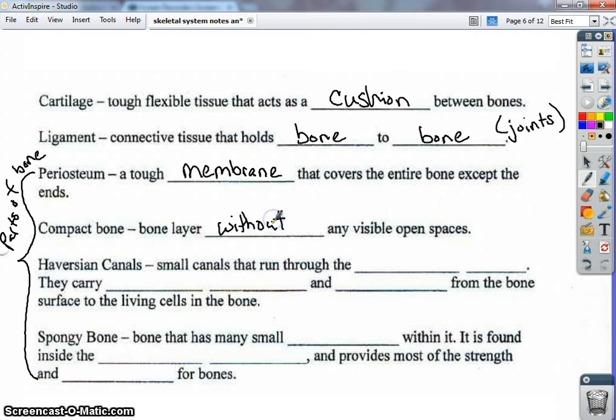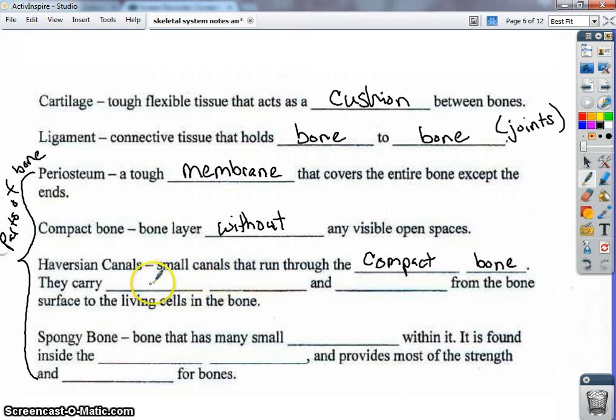Alright, so this is really tough and compact, and most people think this is actually the strongest part because of the term. It's like compact bone, doesn't have spaces, seems like it's very strong, but it's actually not the strongest part. Within the compact bone are the Haversian canals. Okay, these are small canals that run through the compact bone.